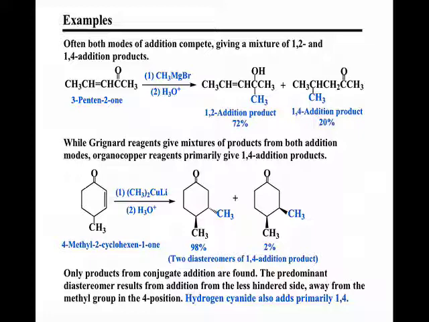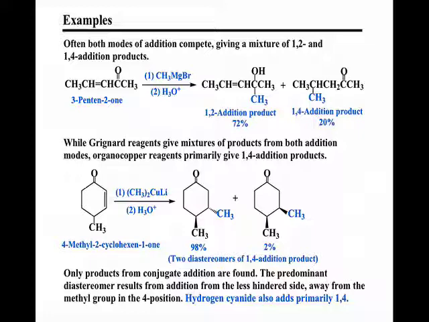Ketones from what? Acid chloride. So an acid chloride plus an organocuprate gives us a ketone. Well, these organocuprates can also react with alpha-beta unsaturated carbonyl compounds.